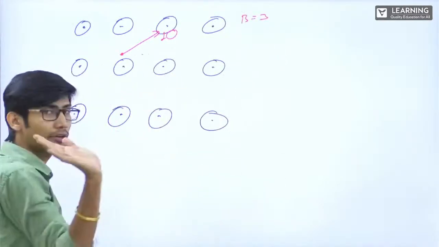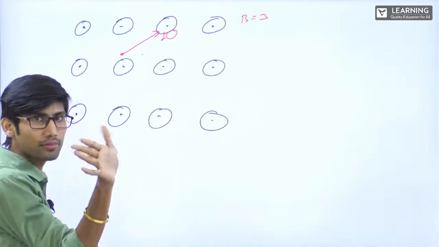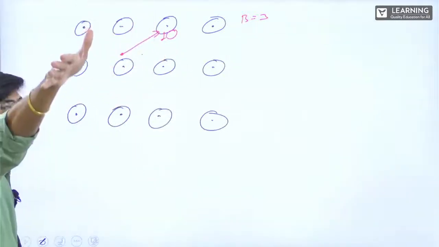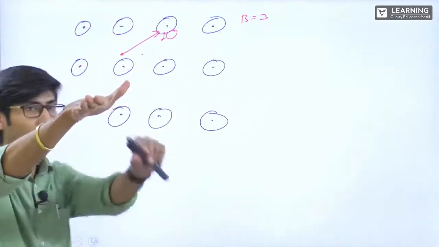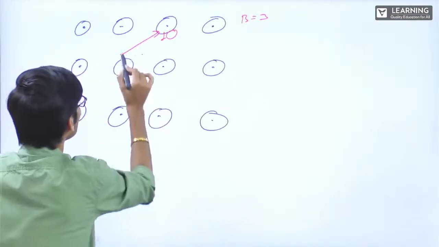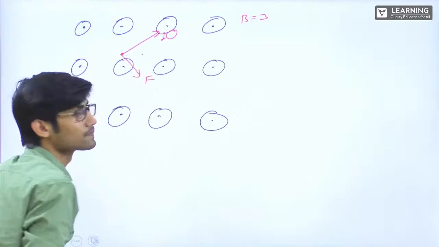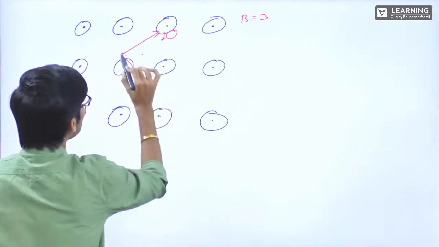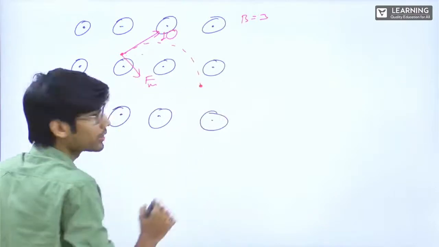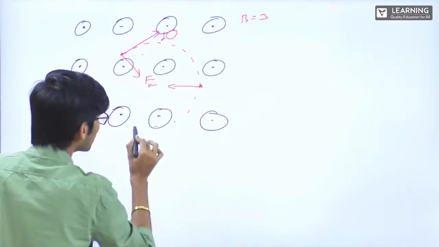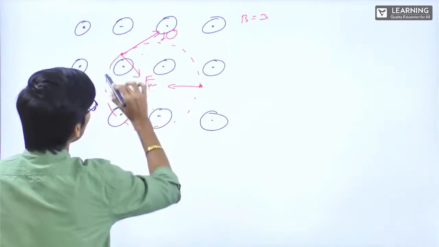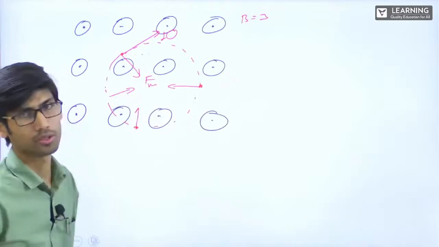So now fingers in the direction of magnetic field, thumb in the direction of velocity. If I do like this, my force is this side, perpendicular to this. Magnetic force. So this particle will start changing its path. The particle will come here, the force will be inside. It will actually do a circular motion. Clear?